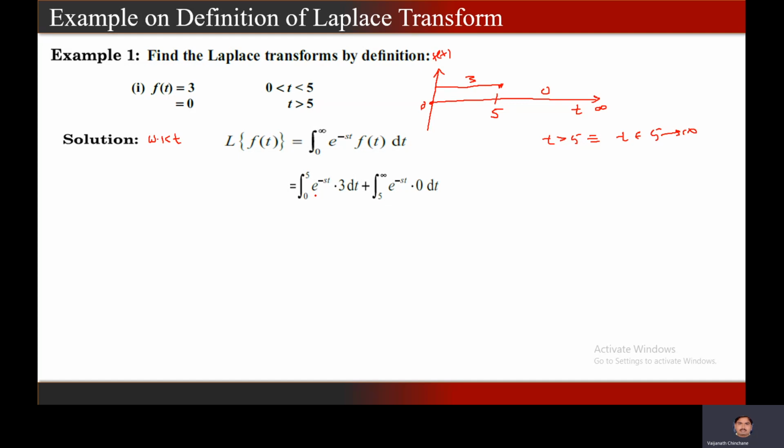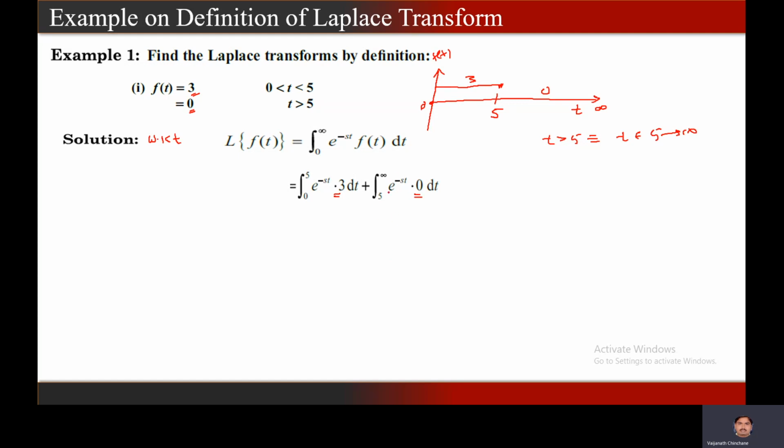That is, 0 to 5 of e raised to minus st f of t dt. When t lies between 0 and 5, the value of the function is 3. When t is greater than 5, meaning 5 to infinity, the value of f of t is 0. Due to that reason we write this.